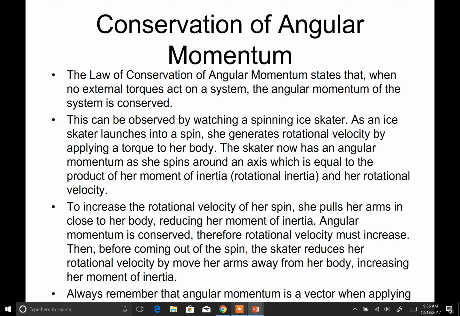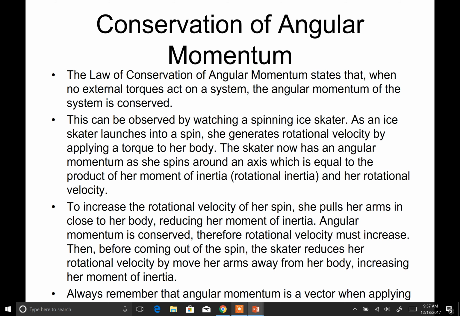As we said a minute ago, angular momentum is conserved when no external torques act on a system. This can be observed when watching an ice skater spinning around in a circle. When the ice skater starts to spin, she generates a rotational velocity by applying a torque to her body. She has angular momentum, and that angular momentum is equal to the product of her moment of inertia times her rotational velocity, or angular velocity.